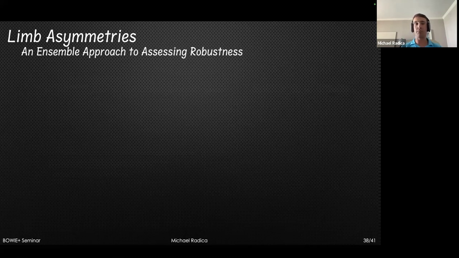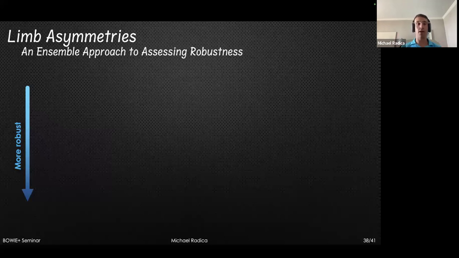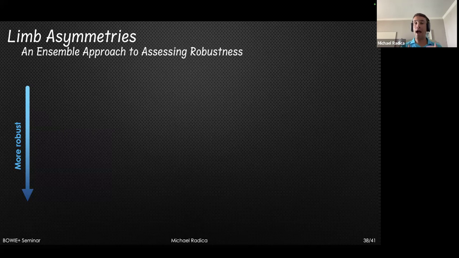But I think this is lacking a little bit in the area of limb asymmetries. So I'm going to propose, just to quickly end off, a handful of different tests with increasing complexity and increasing robustness for ascertaining whether potential limb asymmetries that one sees in their data are in fact truly real.